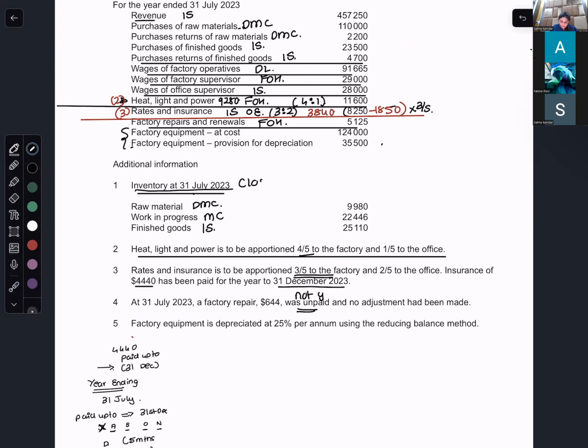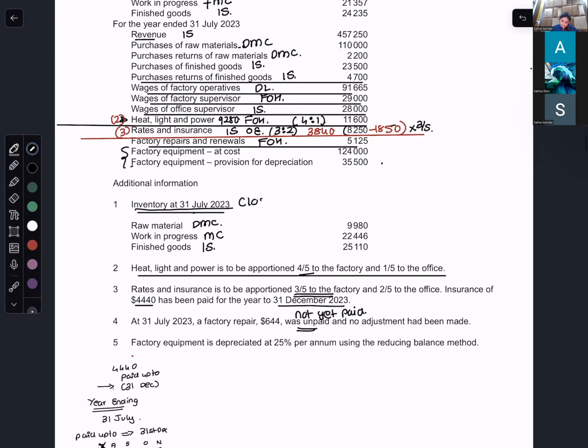Not yet paid means what? Outstanding or prepaid? Outstanding. So outstanding is added. You will add to factory repairs plus 644. Are you with me?